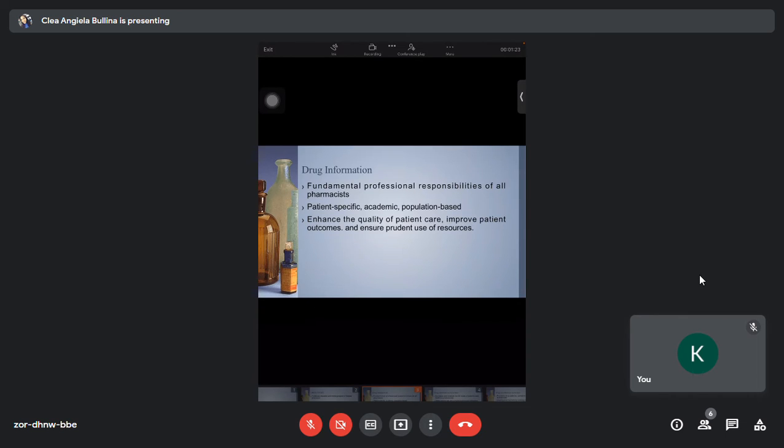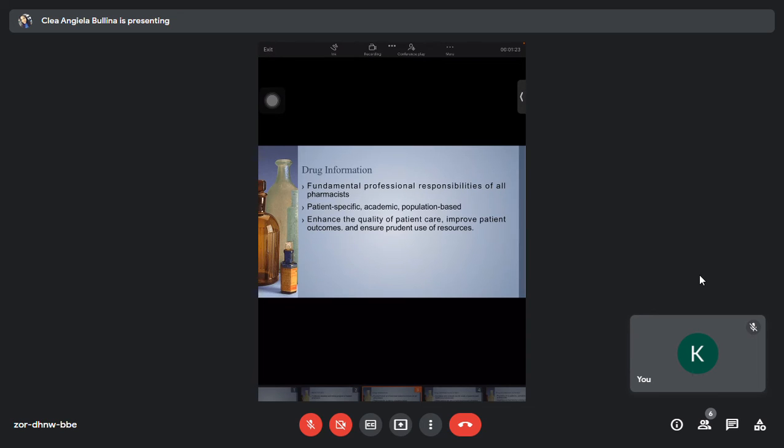Our goal in drug information, providing carefully evaluated, evidence-based recommendations to support specific medication use practices, is to enhance the quality of patient care, as well as to improve patient outcomes.